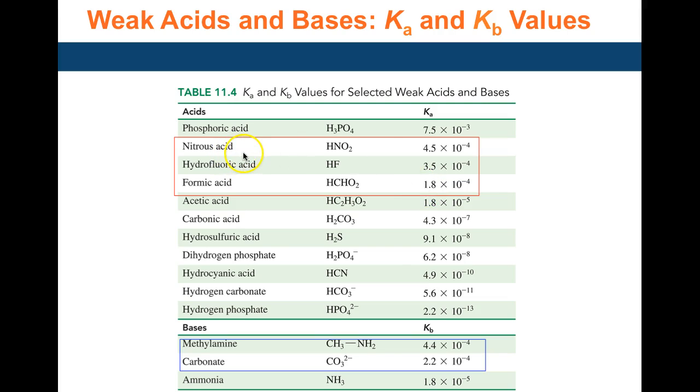So here in this list, nitrous acid has a value of 4.5 times 10 power negative 4. Hydrogen fluoride is 3.5 times 10 to the negative 4. And then formic acid is 1.8 times 10 to the negative 4. So all of them are in the same ballpark region, 10 to the negative 4.